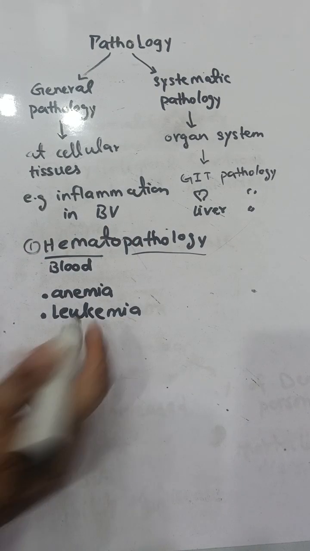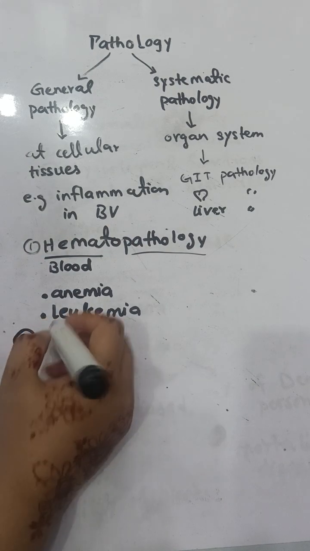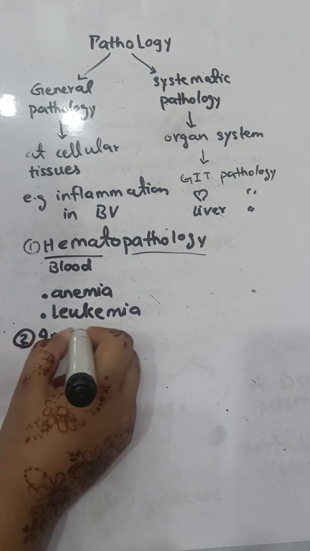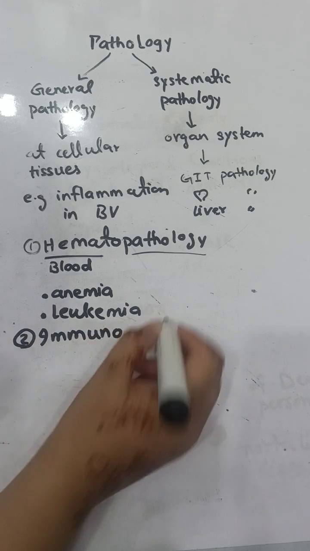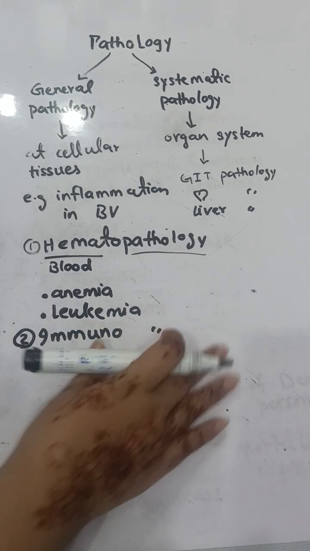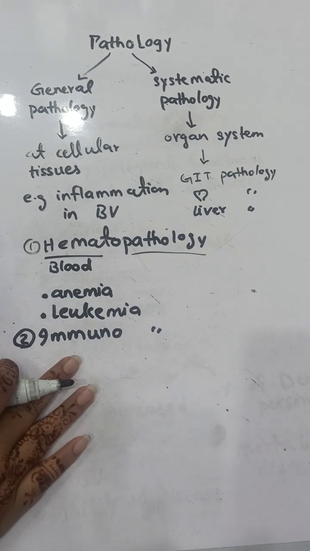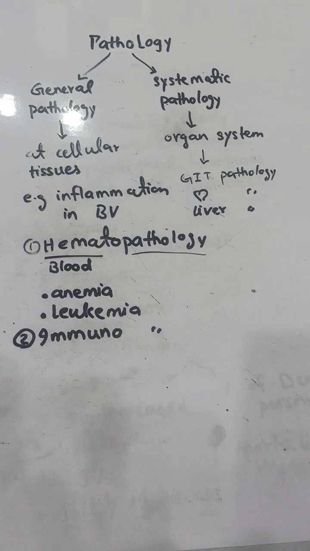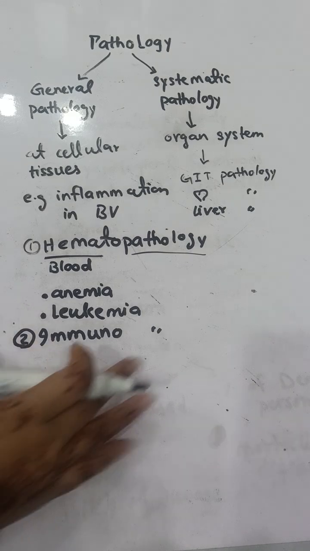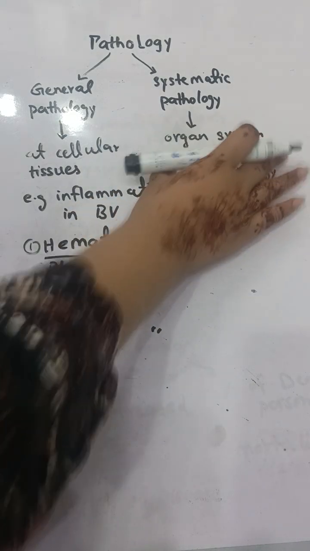The next type of pathology is immunopathology. I'm not repeating the word pathology, you will add it. Immunopathology means we are studying the diseases which occur in our immune system. So it actually comes under the systematic pathology.